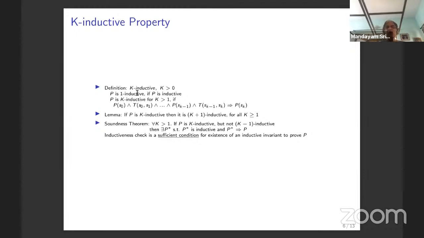A K-inductive property is a generalization of an inductive property. The important thing is this check. Something is inductive, or in general K-inductive, if this check is valid.